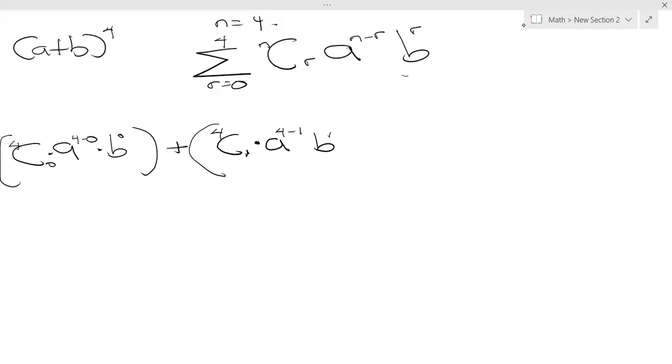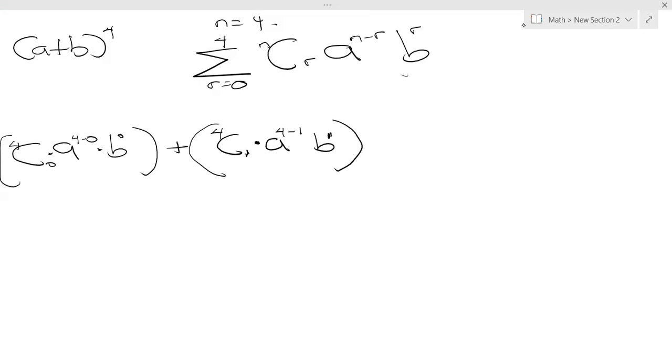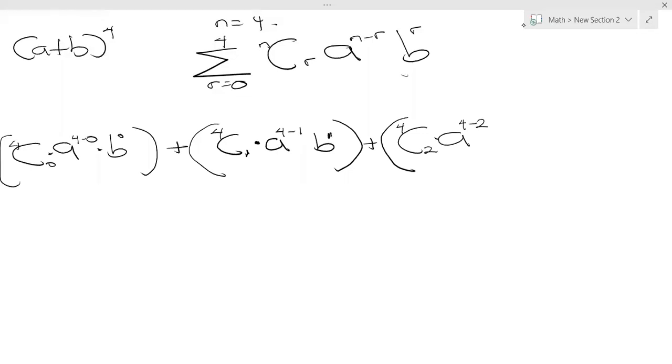So the notation should not scare you, honestly. It's just showing that we're going to start from when r is equal to 0 and keep adding until r becomes n, so we're going to stop when r is 4. Plus 4 C 2 dot a raised to power 4 minus 2 dot b raised to power 2.